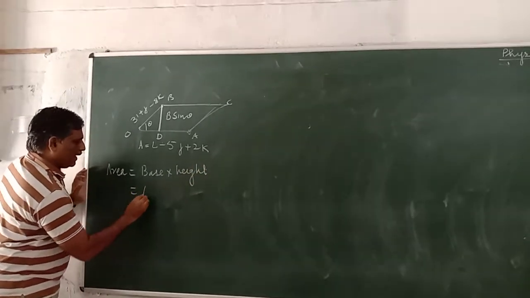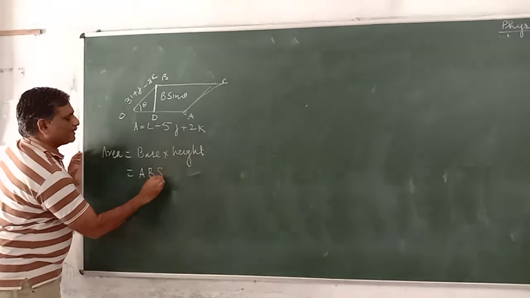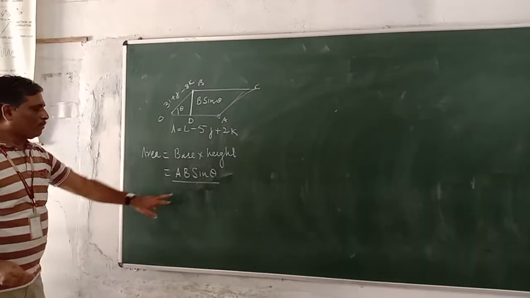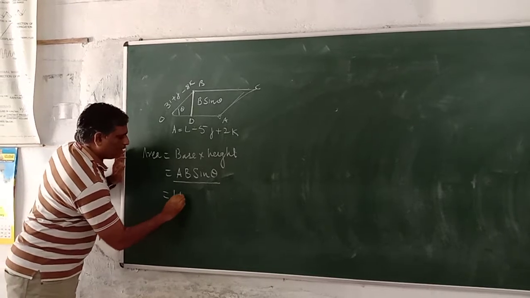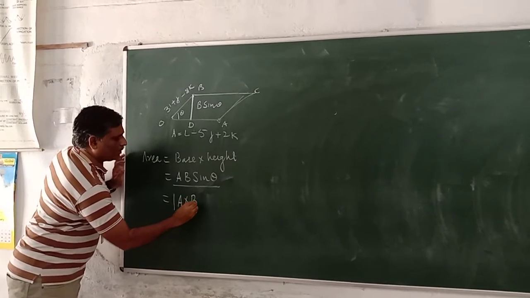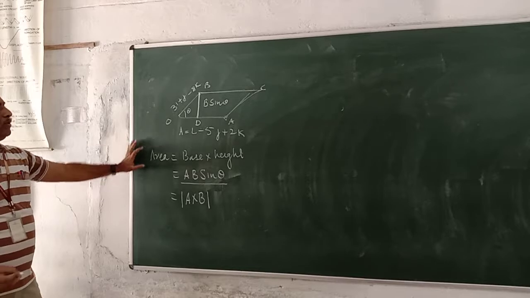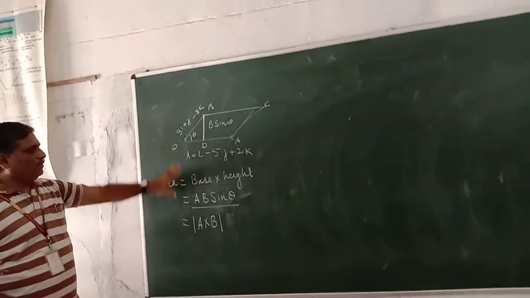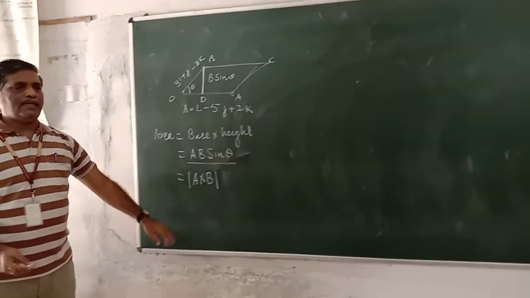Base is equal to A, height is equal to B sin theta. And this is nothing but the magnitude of the cross product, the magnitude of A cross B. So to get the area of the parallelogram, we have to find A cross B first and then its magnitude.